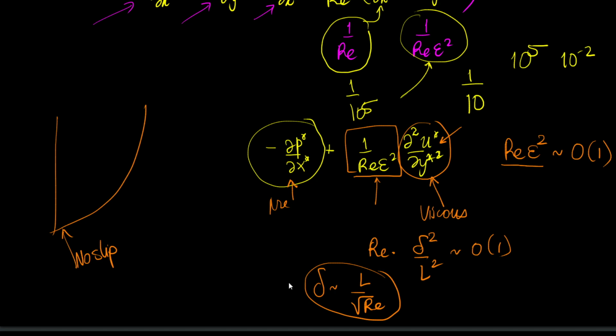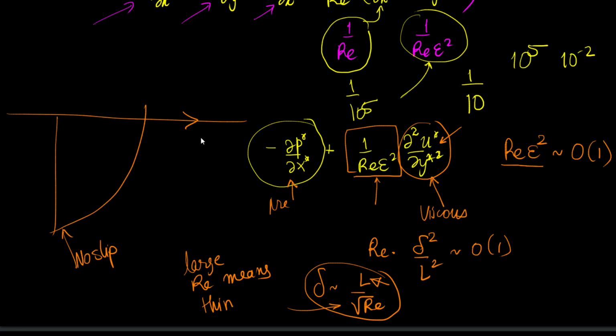This means that the larger the Reynolds number, the thinner will be the boundary layer thickness. Large Reynolds number means thin, and it goes as 1 upon square root of Reynolds number. And the larger the plate, the thicker the boundary layer that we had drawn. The larger is the span of the plate, the thicker will be the boundary layer.